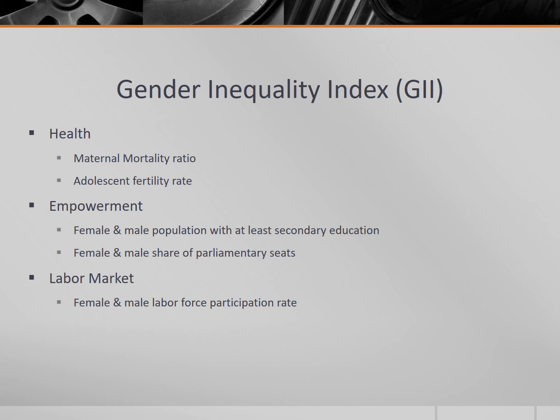It also looks at indicators of empowerment like secondary education and the share of parliamentary seats that are held by men compared to women. Finally, it includes economic factors like labor force participation rate that looks at men compared to women.